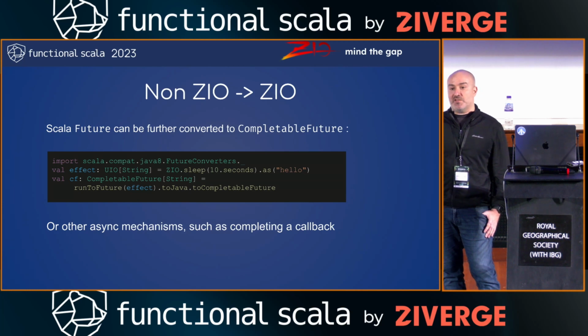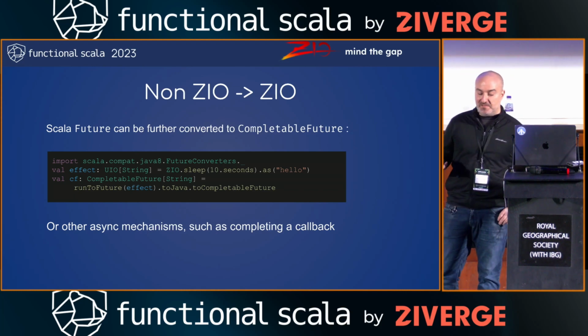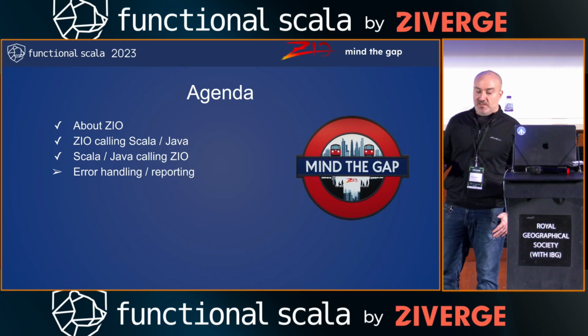Scala Futures can also be converted, if you need, to a CompletableFuture, and you can also use it to integrate with any kind of async callback-based mechanism, basically onComplete and complete some callback.